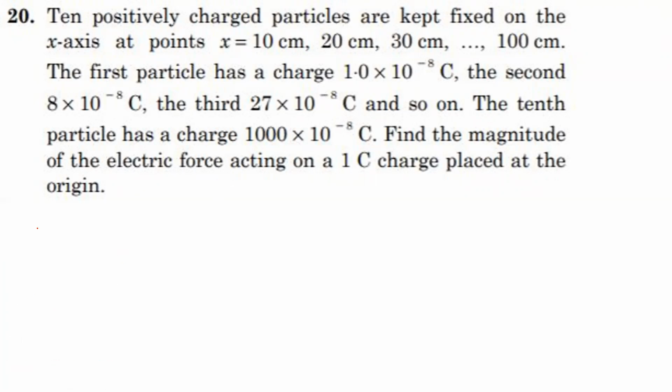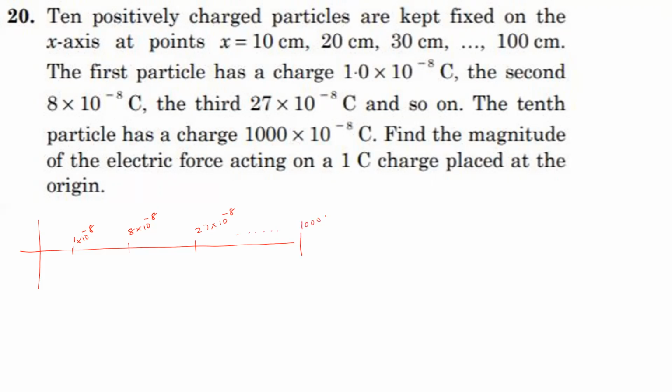Here all the particles are placed on the x-axis. The first charge is 1 × 10^-8 coulomb, the second charge is 8 × 10^-8 coulomb, the third charge is 27 × 10^-8 coulomb, and so on. The 10th charge has a value of 1000 × 10^-8 coulomb. At the origin, a charge of 1 coulomb is placed.